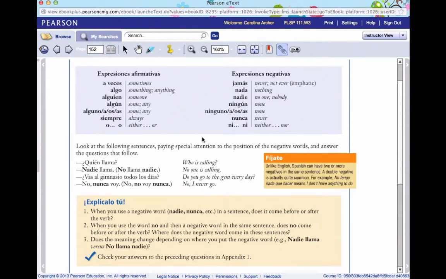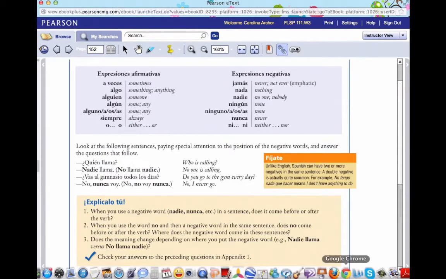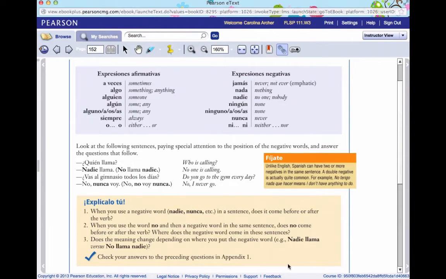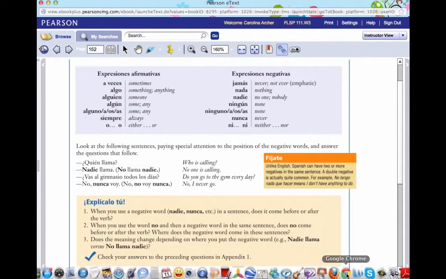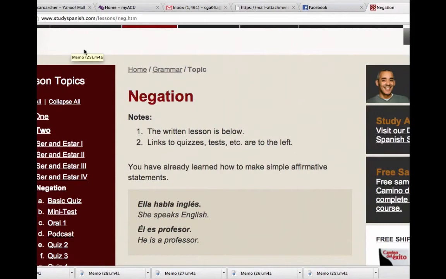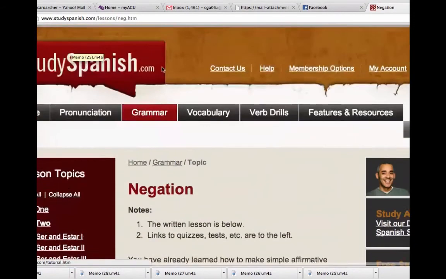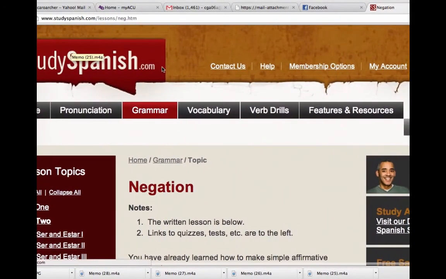Okay, and I'm going to go to a website here because I don't really like the way that the book explains this with the expresiones negativas. So let's see if maybe this will help a little better. And I really recommend this website.